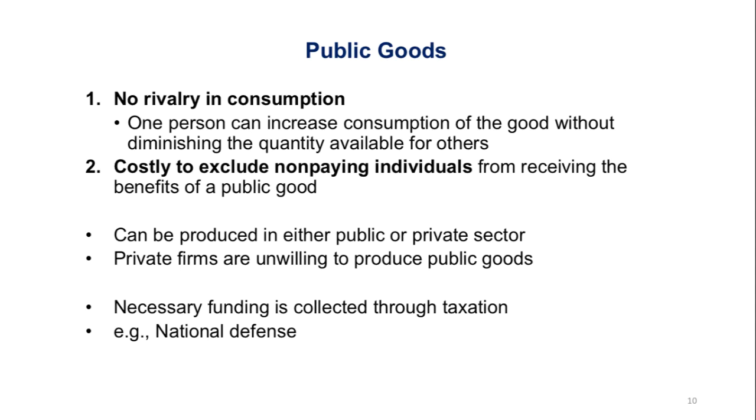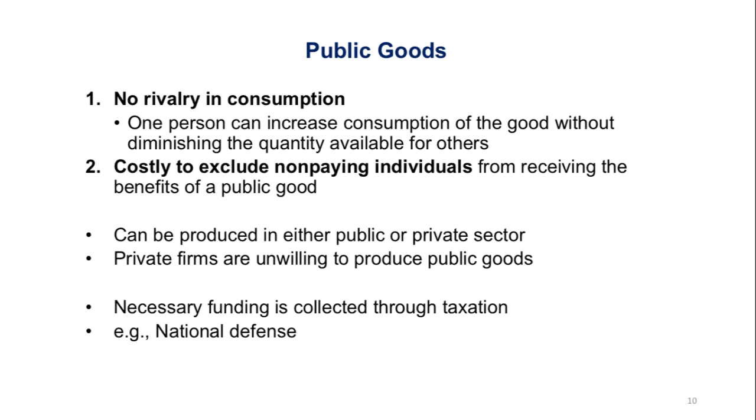Now, there are some characteristics that distinguish public goods from private goods. Public goods have non-rivalry in consumption, meaning one person can increase their consumption of the good without diminishing the quantity available for others. For example, national defense.